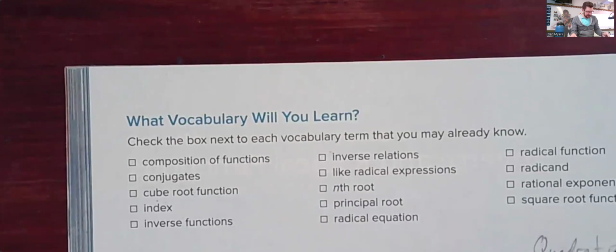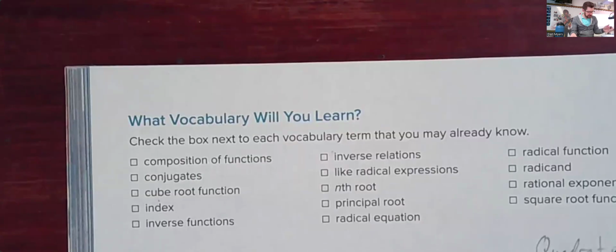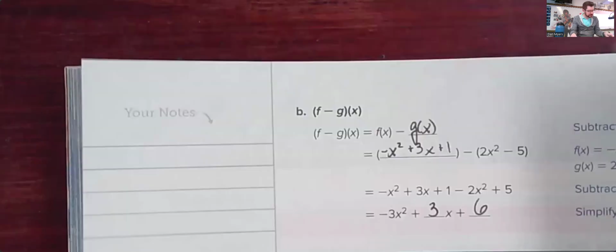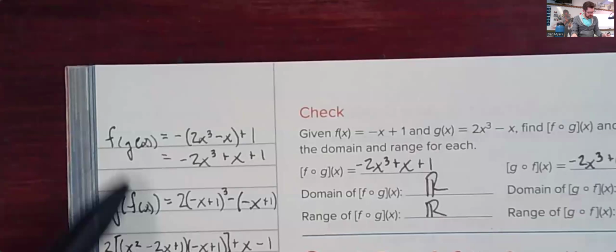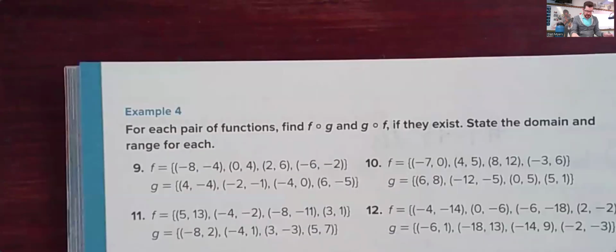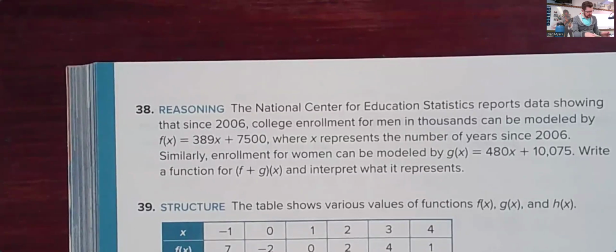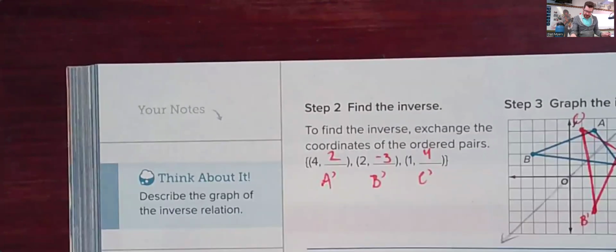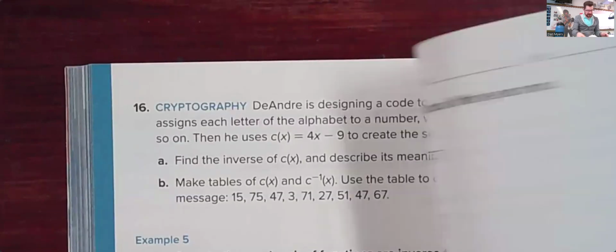Maybe we did, maybe we didn't. We did perfect square trinomials, but I don't see difference of squares. All right, that's okay.